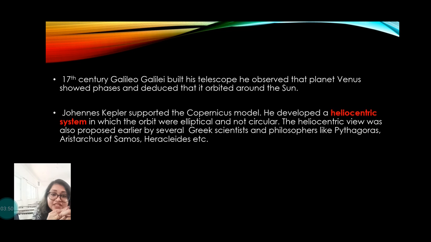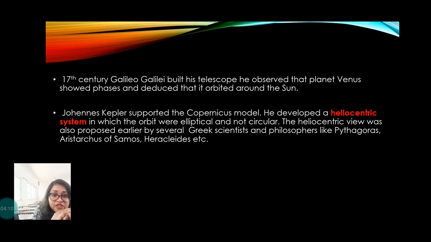In the next part of history, Johann Kepler supported the Copernicus model, and he developed a system known as the heliocentric system, in which the orbit was elliptical and not circular. What is that heliocentric view?